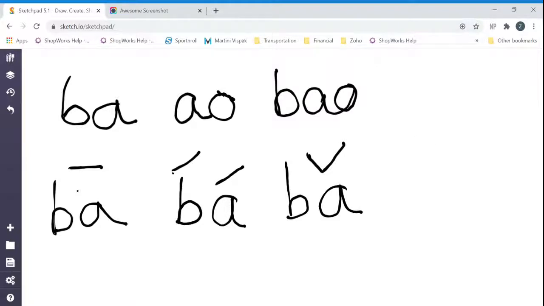Then you have the fourth tone, which is a descending line. For the same word, that is pronounced like bà. All right.